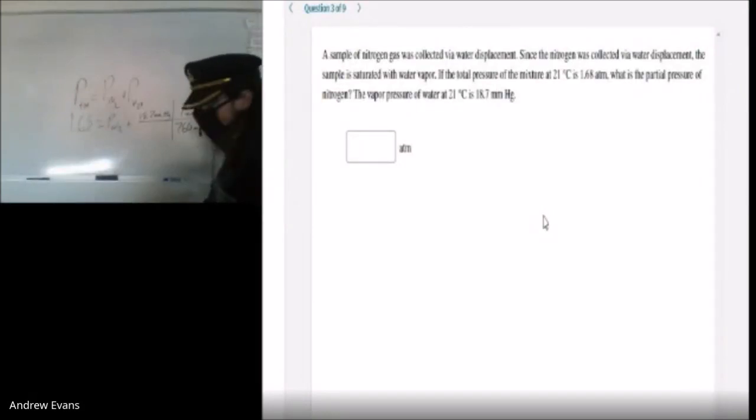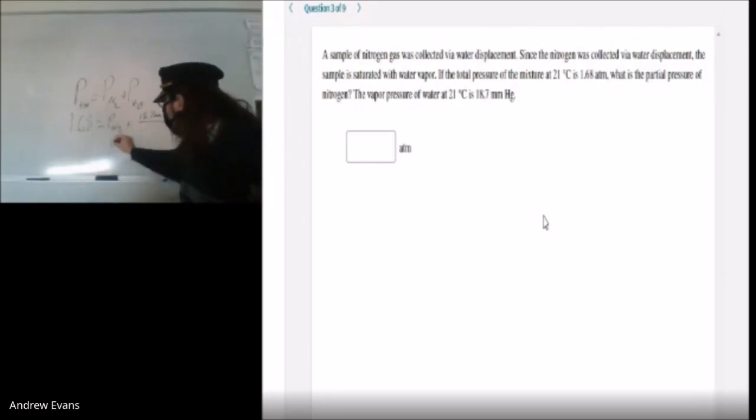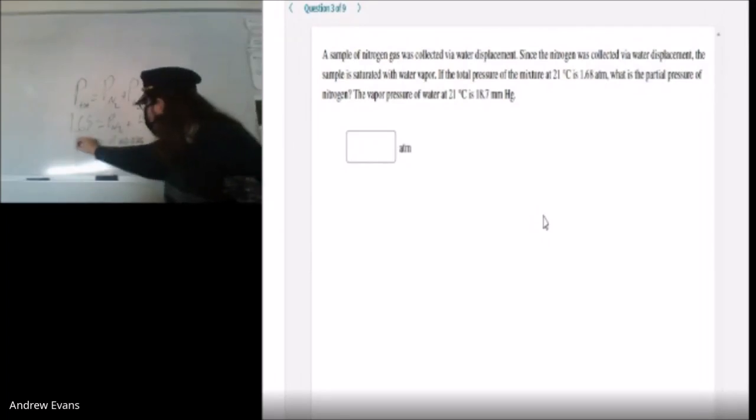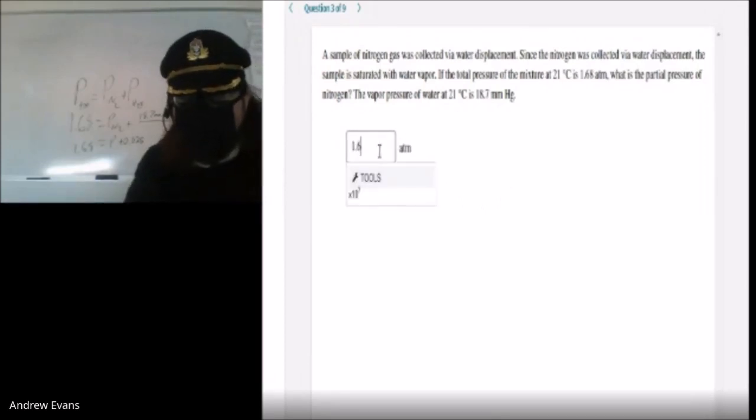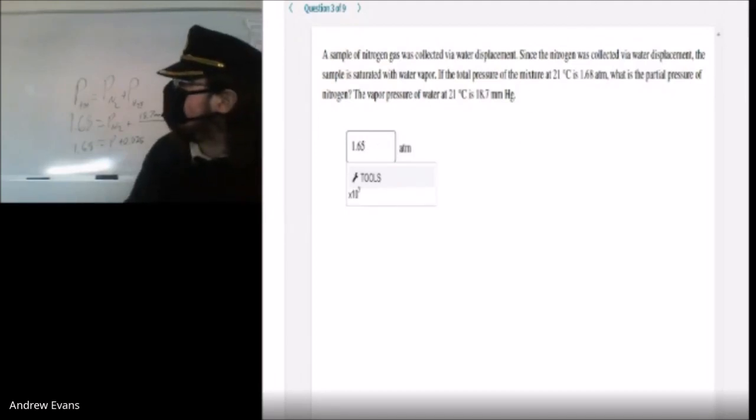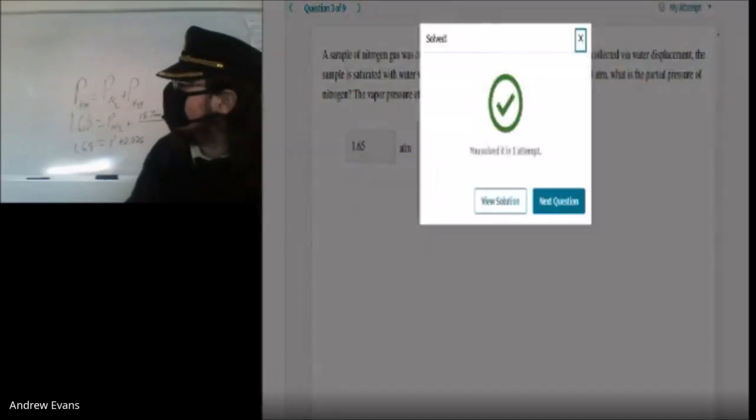So subtracting that, you have P plus 0.025 equals 1.68. So essentially, if I round to the correct number of sig figs, 1.65 should be my answer. So there's a drop, but not much of a drop.